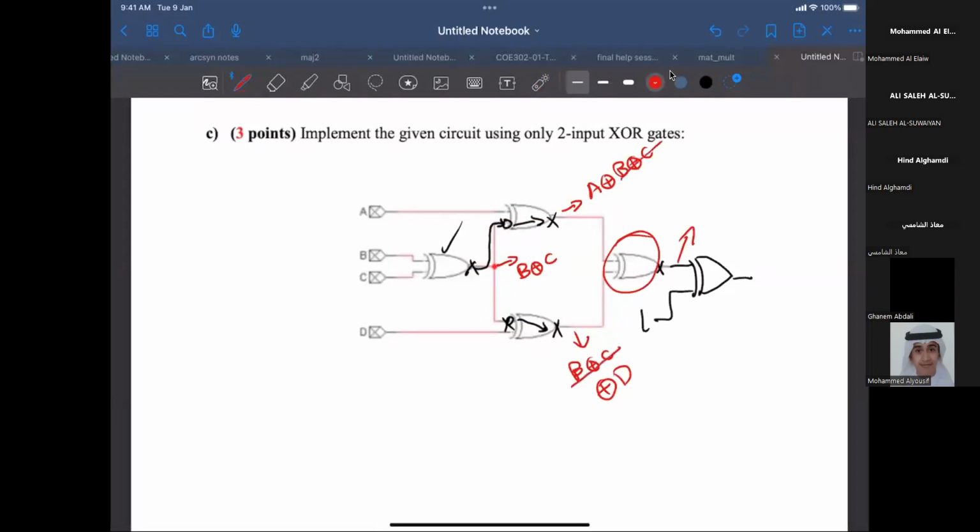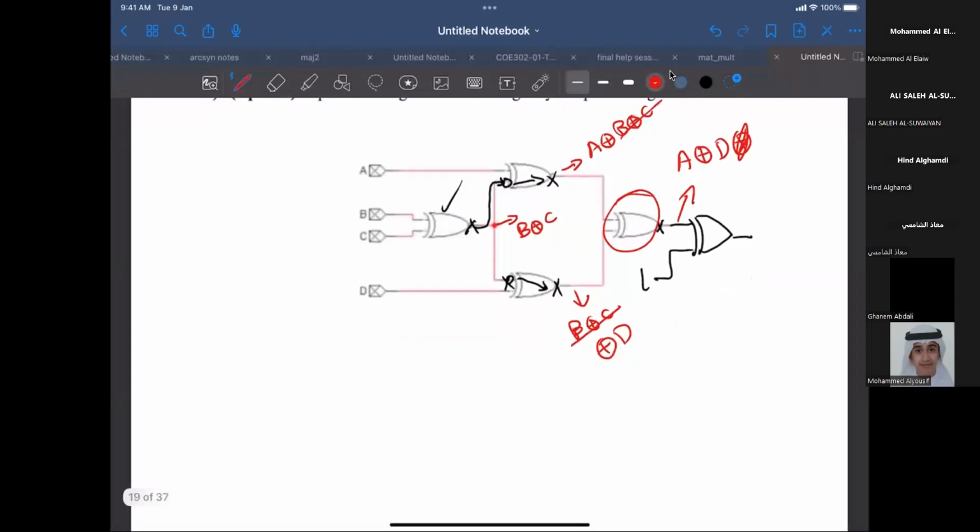And the only surviving literals are going to be A XORed with D. Because B and C will cancel each other, since you are XORing them together. The answer is 0, so A XORed with D XORed with 0 is going to be A XORed with D.